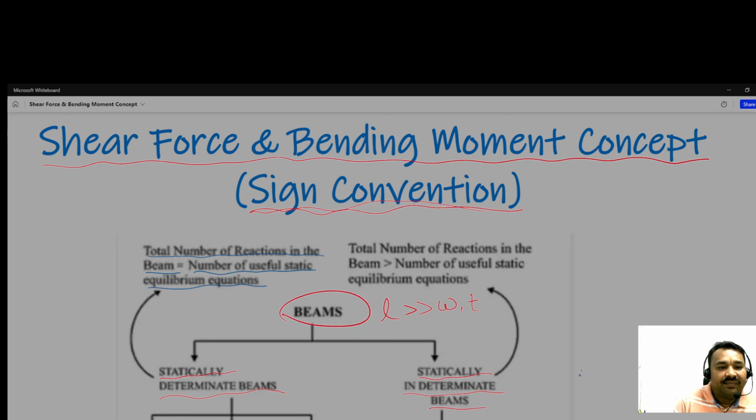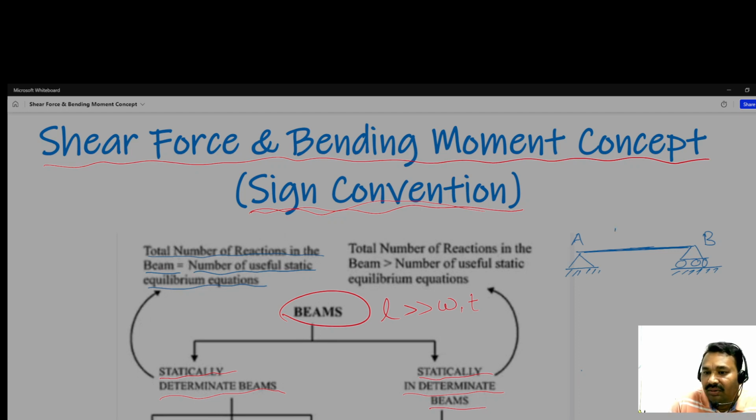Suppose we talk about a simply supported beam, where B is supported by a roller and A is supported by a hinge. How many support reactions will there be?